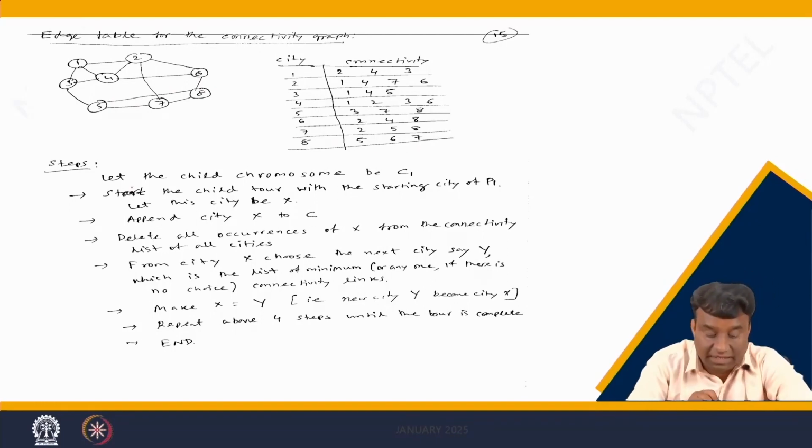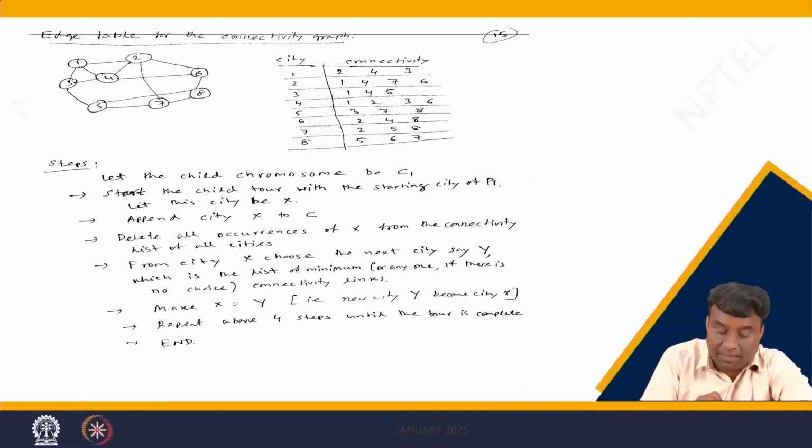So the step here is to let the child chromosome be C1, the first offspring. Start the child tour with the starting city of P1. P1's starting city is 1, so we append the city X to C1.